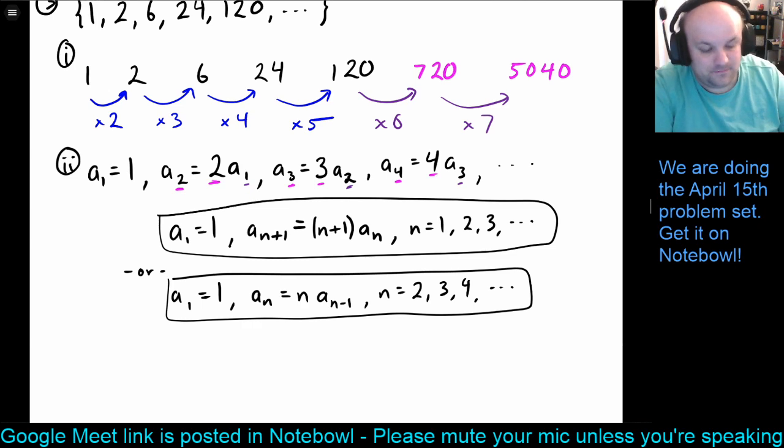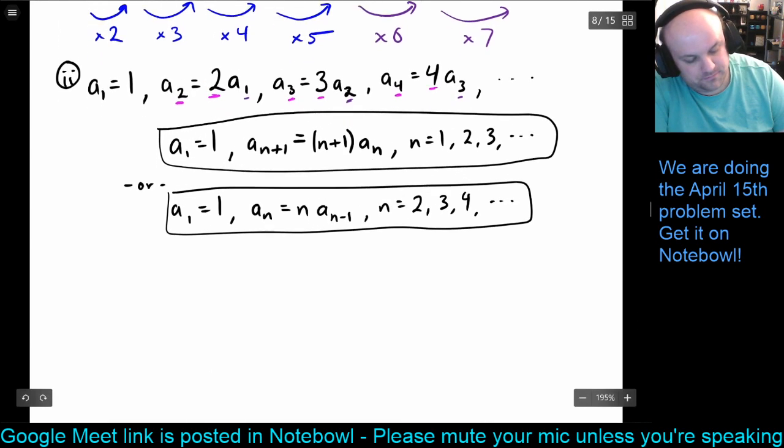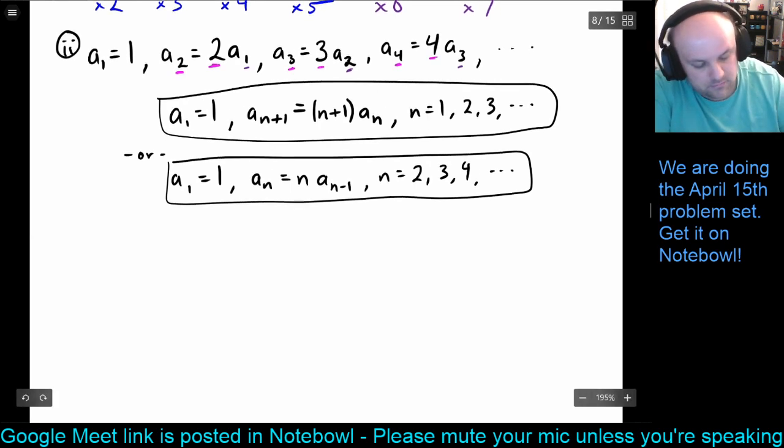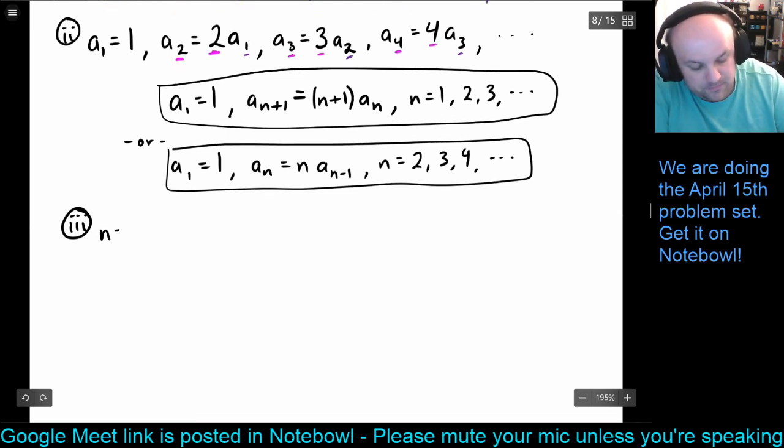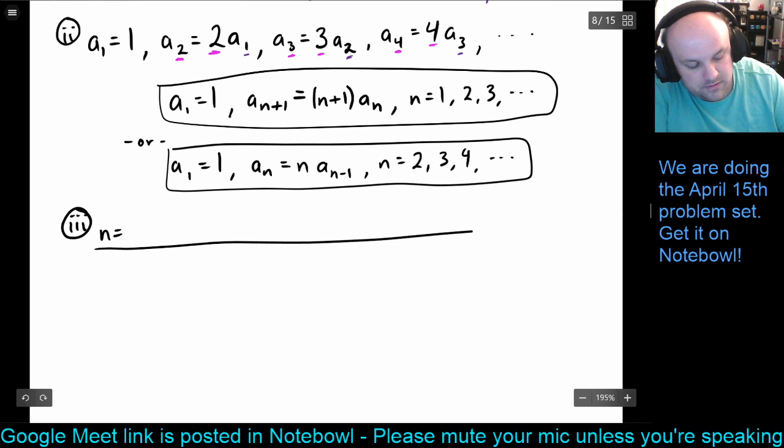All right. So let's try and find an explicit formula then. Again, I'm going to do the same thing I always do here and make a chart.